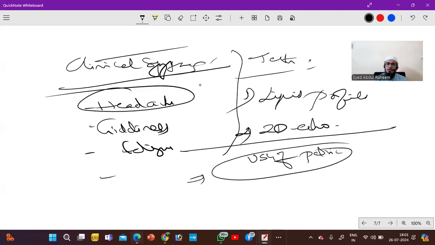If there is involvement of the kidney, you need to see the kidney function test, how the creatinine is, how the blood urea is, how the sodium, potassium, chloride levels are, calcium, phosphorus levels, everything you need to check.